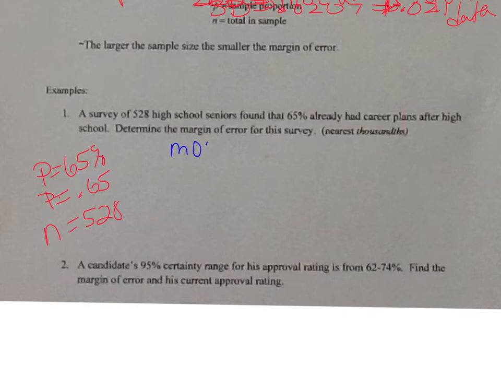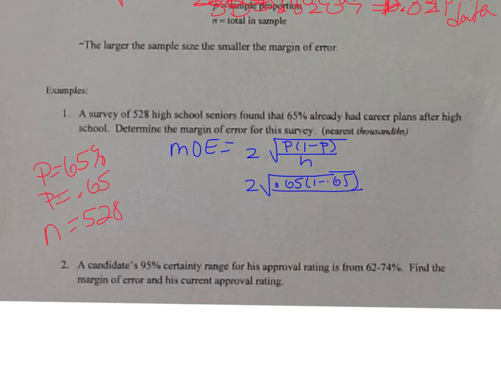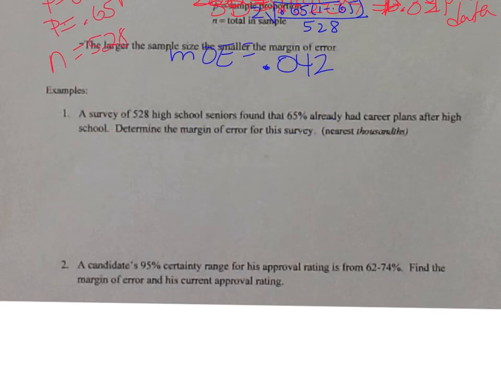So my margin of error, remember the formula, is 2 times the square root of P times 1 minus P over N. So that's 2 times the square root of 0.65 times 1 minus 0.65 over 528. Just plug that into the calculator. My margin of error to the nearest thousandth is 0.042.